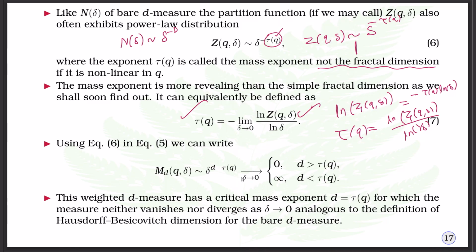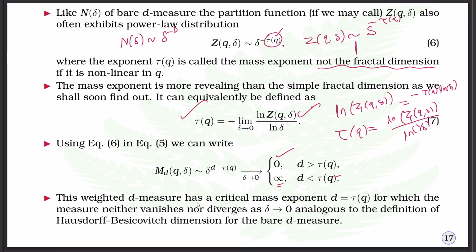So in the limit δ tends to 0, there is a critical point τ(q), where for d greater than τ(q) the measure is 0, like the same argument in the Hausdorff dimension, and where d is less than τ(q) it goes to infinity. There is a jump from infinity to 0 at the point τ(q).